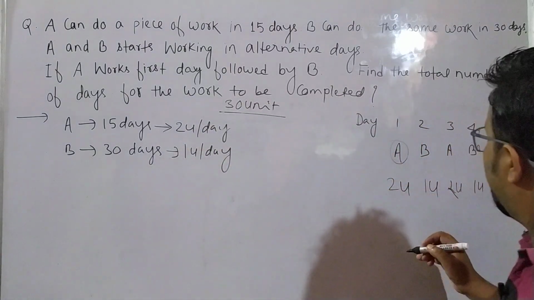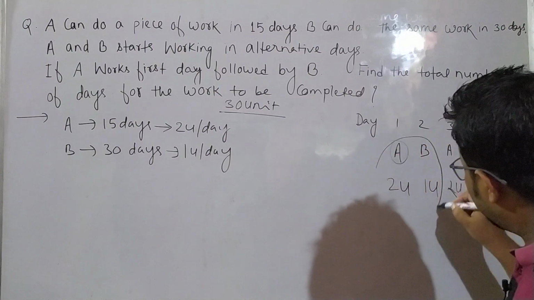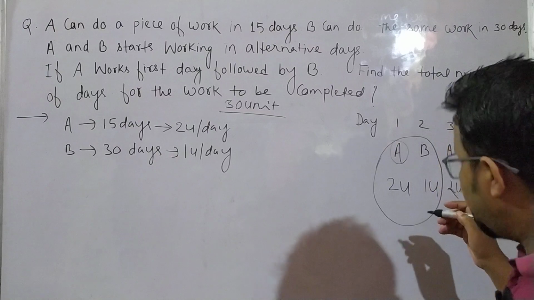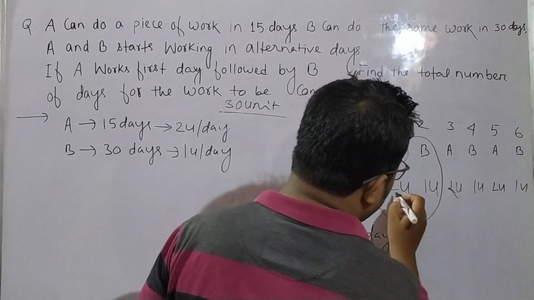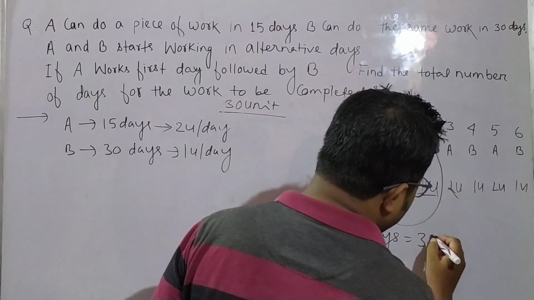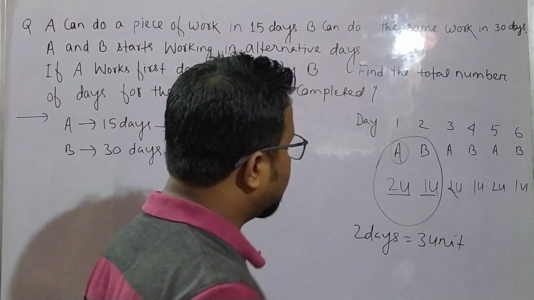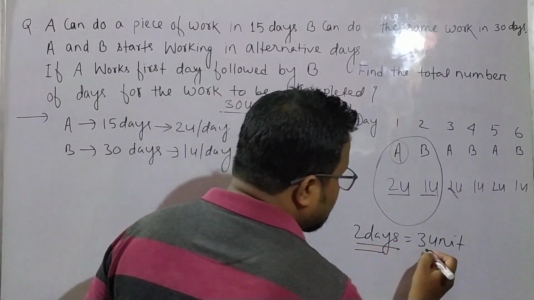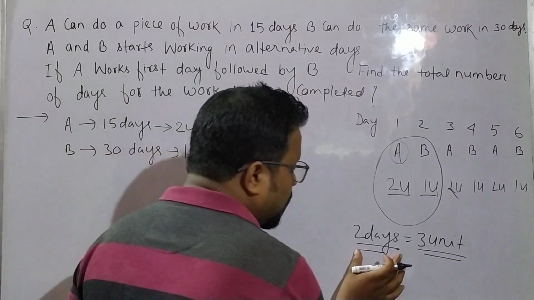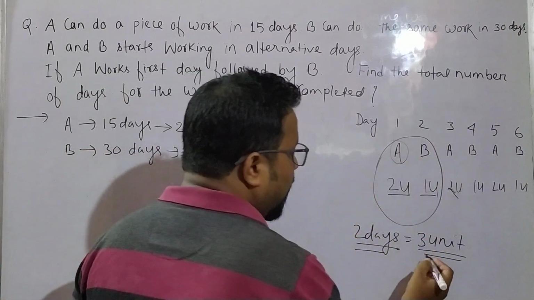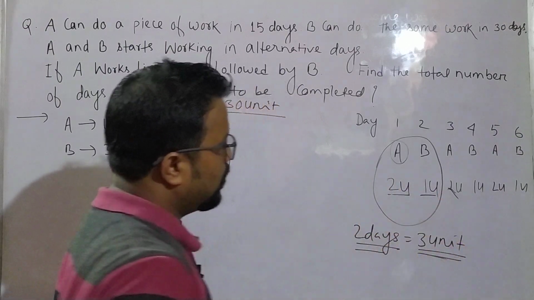Now, can I say in 2 days, 2 plus 1, 3 units are completed? In 2 days, both by A and B, how much is completed? 3 units. How? 2 plus 1 is 3.